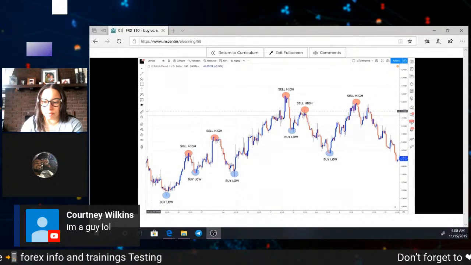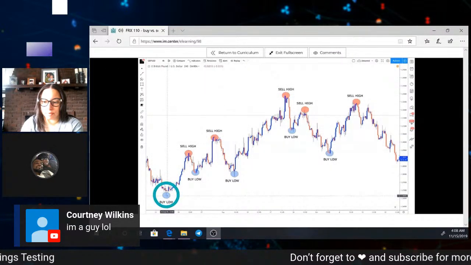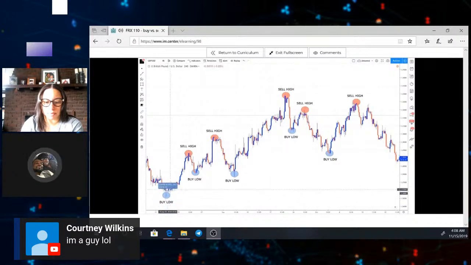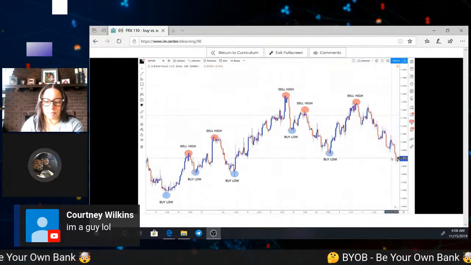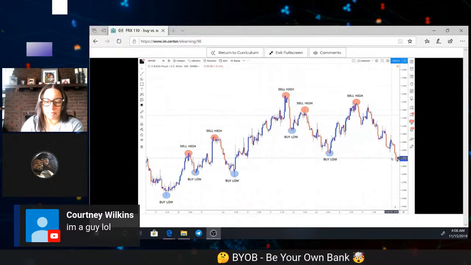As an example, when the market is extremely low, we look to put in buy orders, and as the market is coming up, we get to make money. And the same is as true as when the market is high in several examples here. When the market comes to a high point, we look to sell, and as the market comes down, we're able to make money.